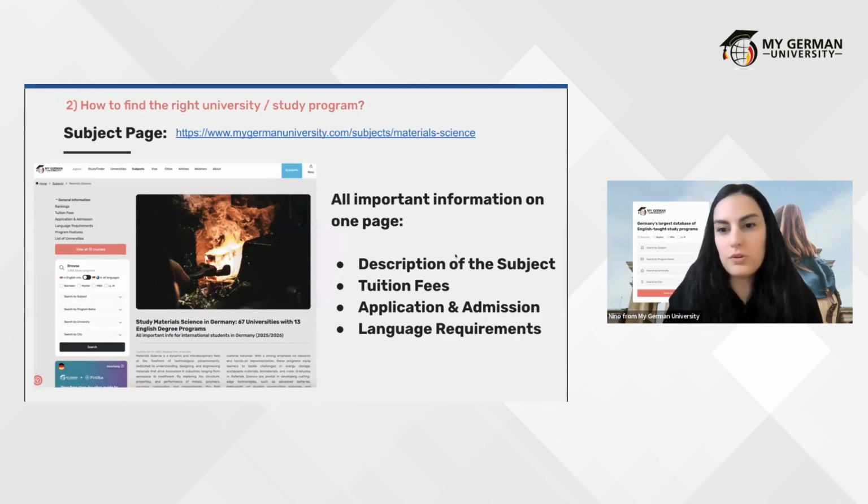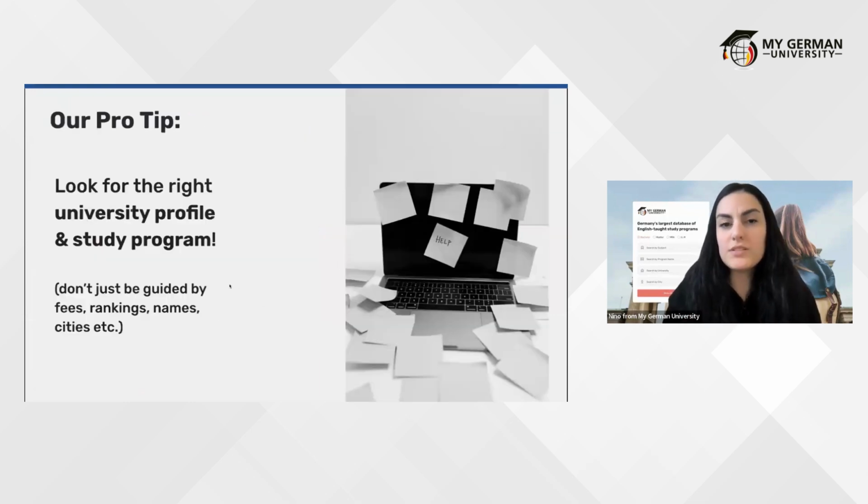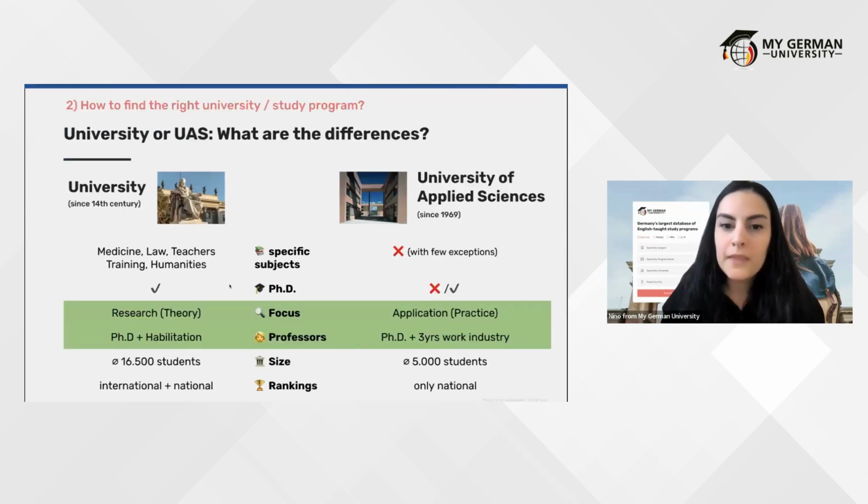But again, please check each program individually because they have different application documents. Deadlines could vary as well. And also it's very important to decide on a program according to its content rather than just names or ranking.